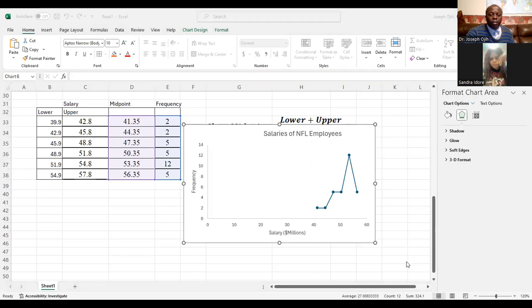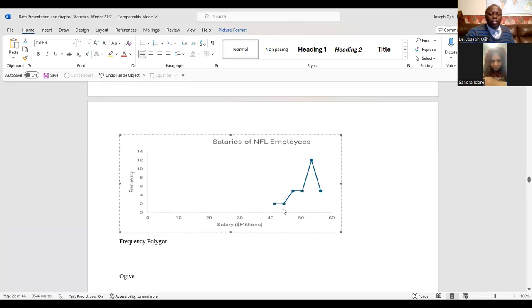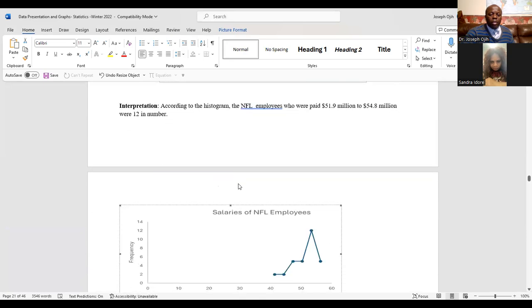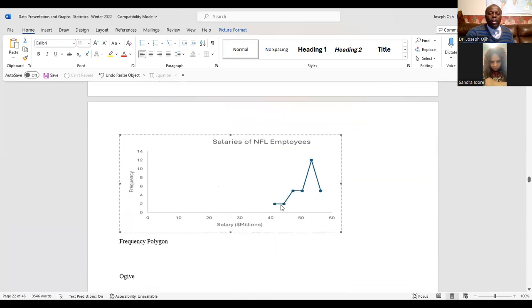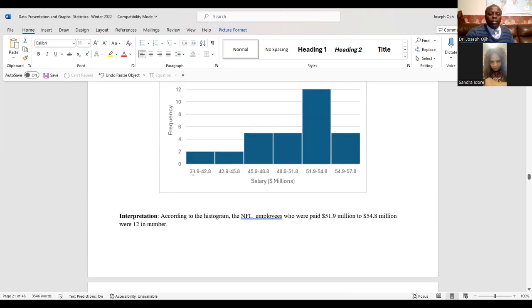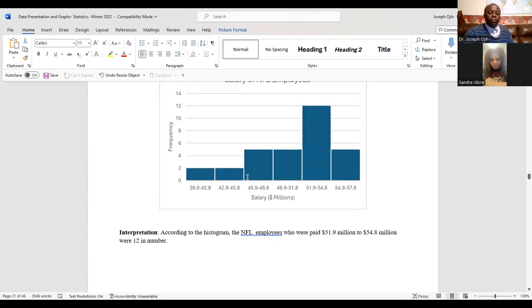You can see 41.35 if you go all the way down here. And you can see those two double twos right here. Then why is it all the way to this end? Because this one started from 39.9, but Excel put the scale starting from 0, but the real data started from here, which matches this.